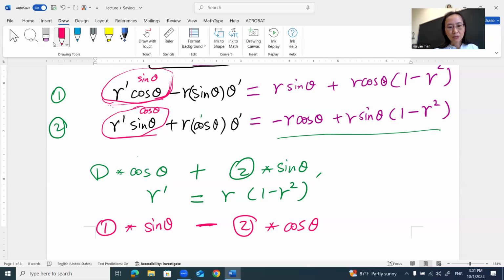So let's do a subtraction after that. This way we can eliminate the r prime. So first equation times the sine, second equation times the cosine, and then do the difference.